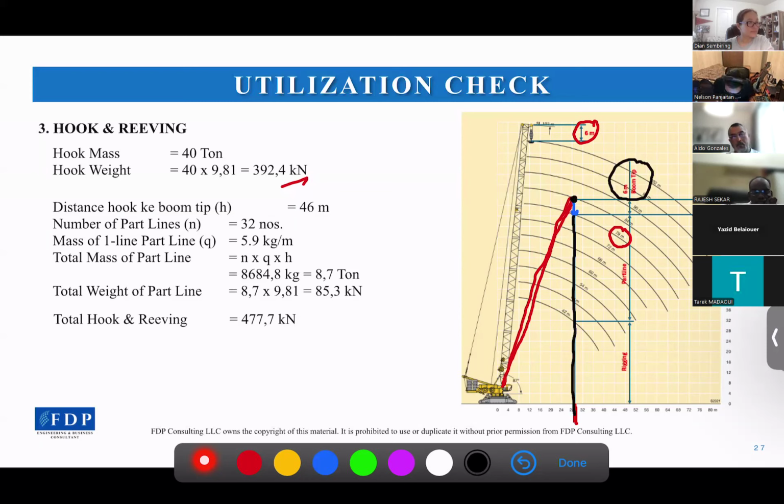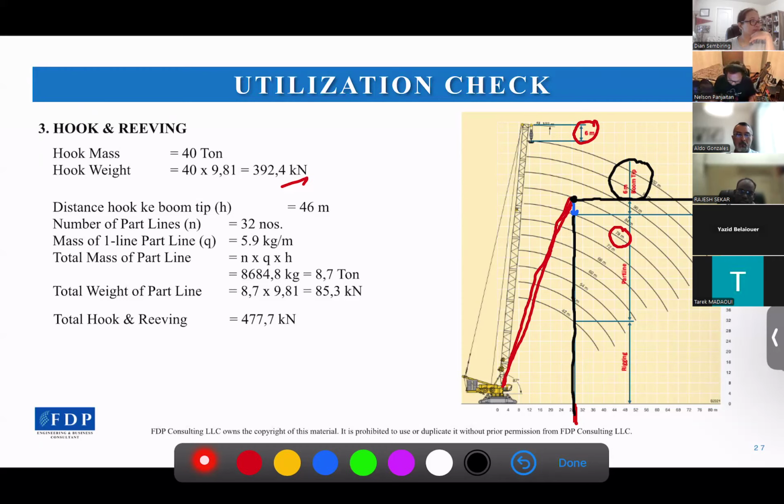So we can assume that the boom tip, at the 29 meters radius, will stop at 78 meters height here.